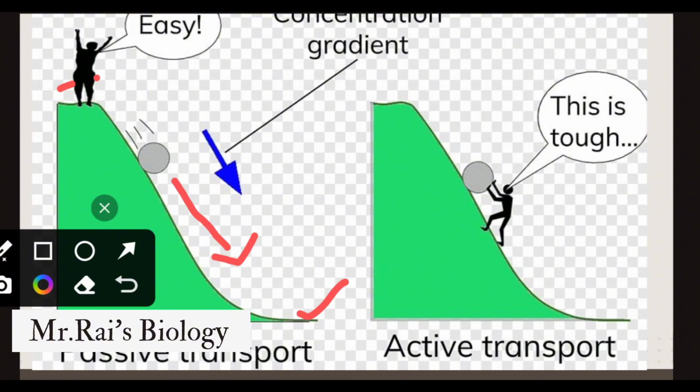That means passive transport: the rock is like the particles.